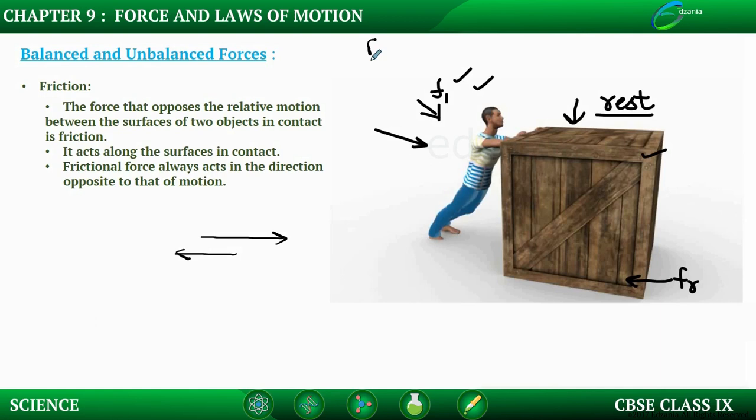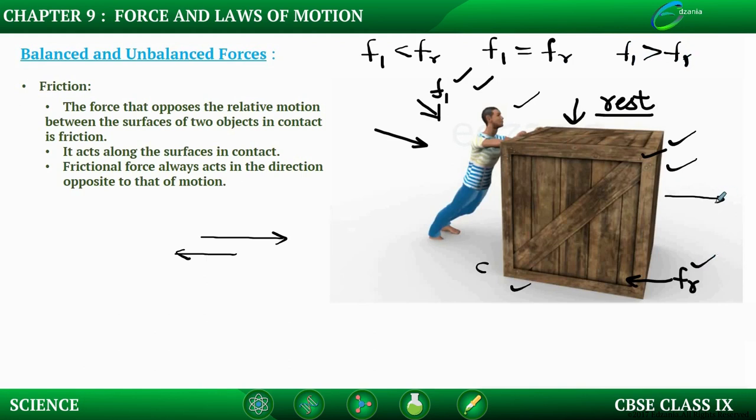Therefore, we can say if F1 is less than Fr, that is, the force applied by the person on an object is less than the frictional force that is acting along the two surfaces in contact, then the object will remain at rest, and it will continue to be at rest in the condition if F1 is equal to Fr. But as soon as F1 becomes greater than Fr, that is, the force applied by this person becomes greater than the frictional force, the body will start moving.